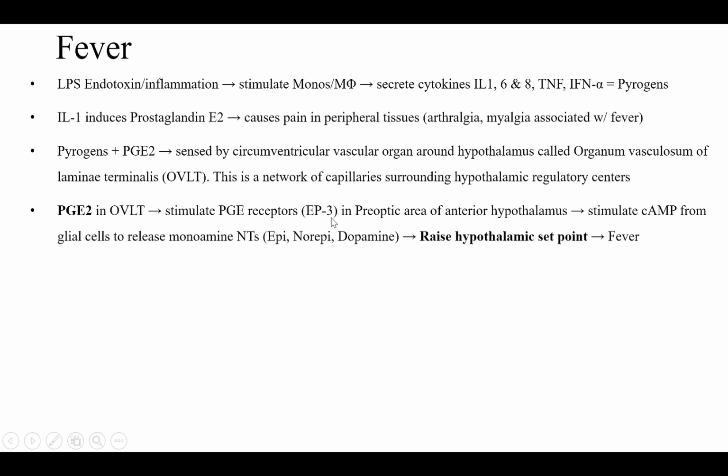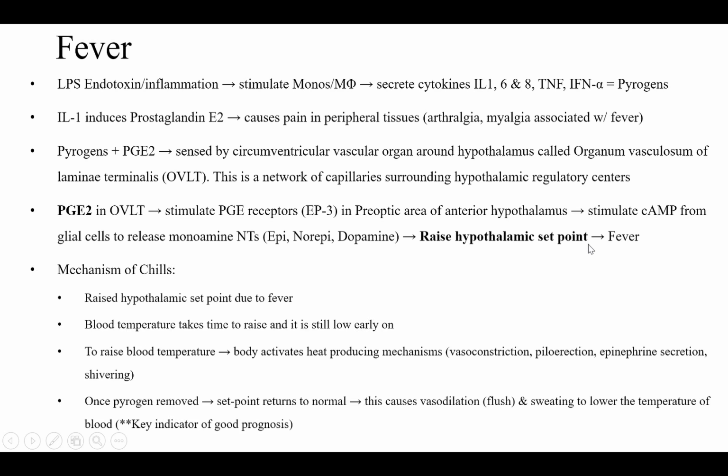Specifically, EP3 are the receptors that you want to remember, and they stimulate the production of cyclic AMP from glial cells to release monoamine neurotransmitters, and the whole mechanism basically stimulates the raise in hypothalamic set point, and this is how fever is produced.